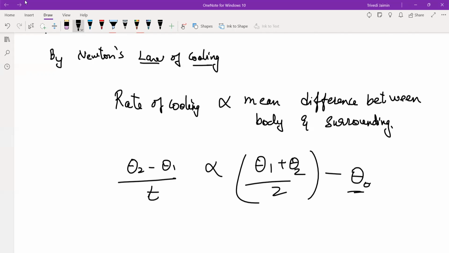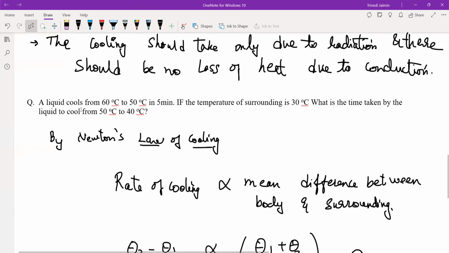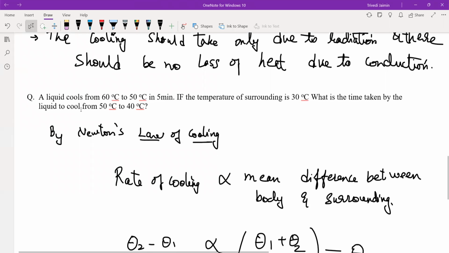So now in the question, let's see the given conditions. First it cooled from 60 to 50 in 5 minutes. Time is given. The temperature of the surrounding is 30 degrees, and we need the time taken by the liquid to cool from 50 to 40. First 60 to 50, then 50 to 40.